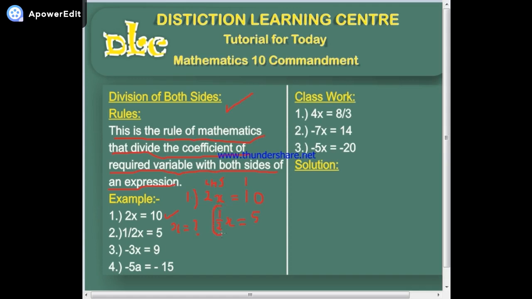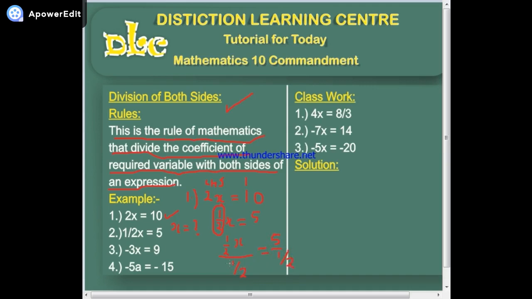So our coefficient of x is 1 over 2, which means you will divide both sides by 1 over 2. That means we have 1 all over 2x over 1 over 2 equal to 5 over 1 over 2.